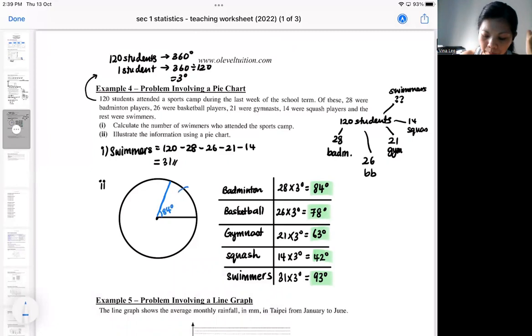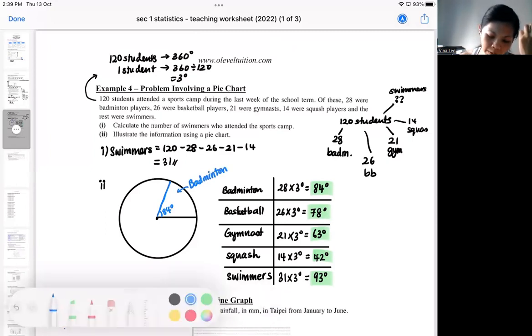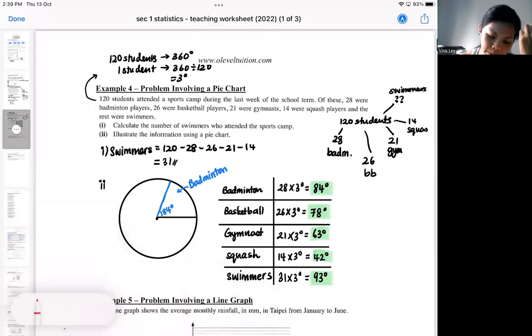Then you indicate this part is badminton. After that, you shift your protractor to this line, and you get a 78 degree. So 78 somewhere here.